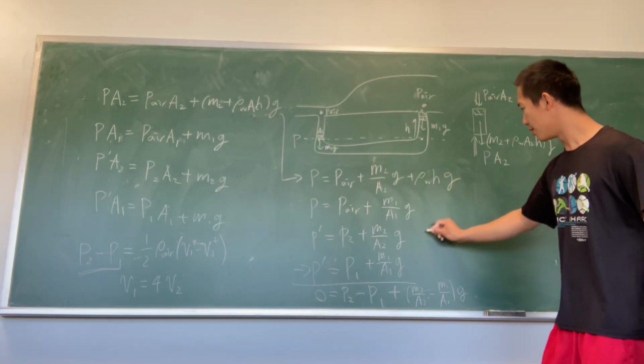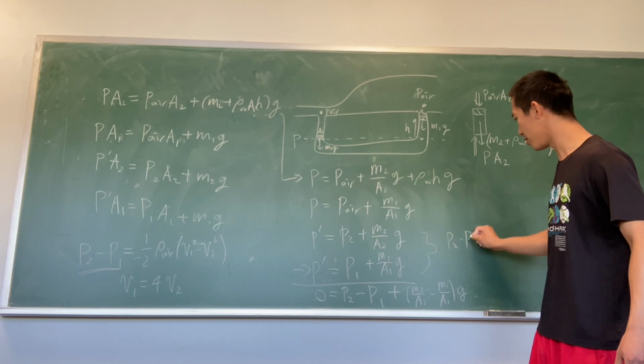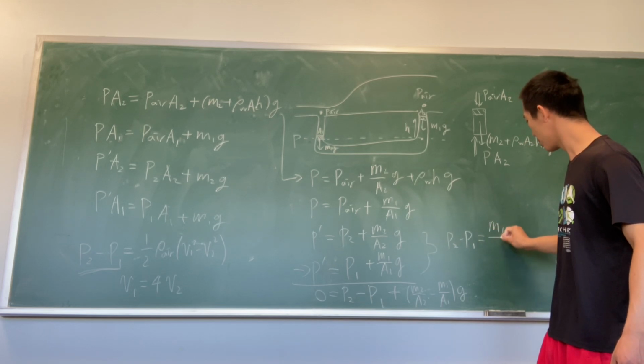So these two equations give me that P2 minus P1 should also equal the M1 over A1.